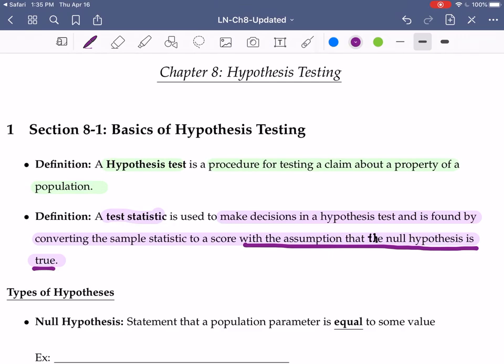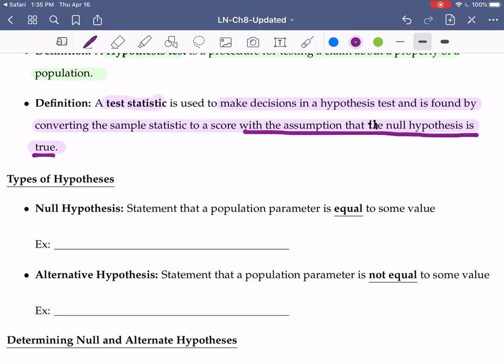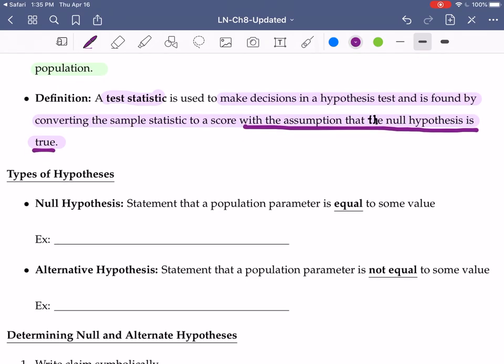So we have two types of hypotheses that we will look at. Our first type is the null hypothesis. The null hypothesis is a statement that a population parameter is equal to some value. What that might look like is we think that the proportion is equal to 70%, 0.7.